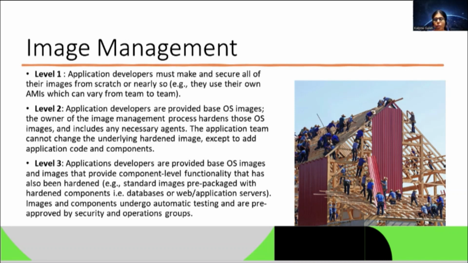For instance, if I'm using a Linux machine, I should have the latest version of Linux, all patched, all vulnerabilities addressed, and this base image should then be used by individual application developers to add on their components, application code, and the other framework elements that they want. But the base image should already be hardened.